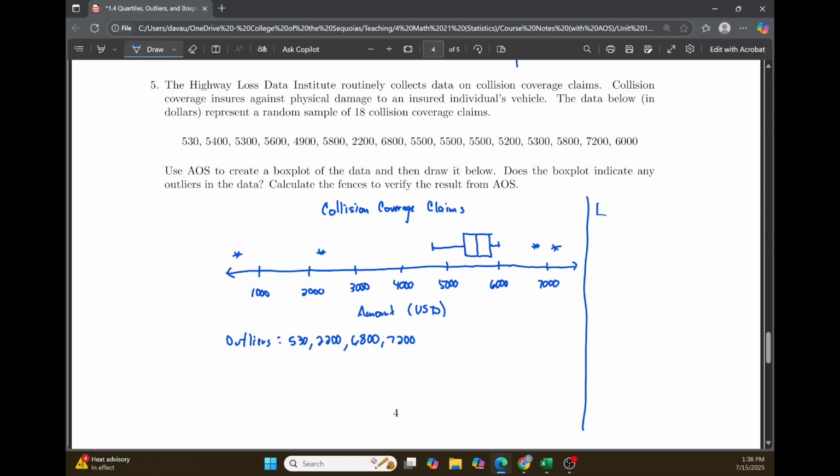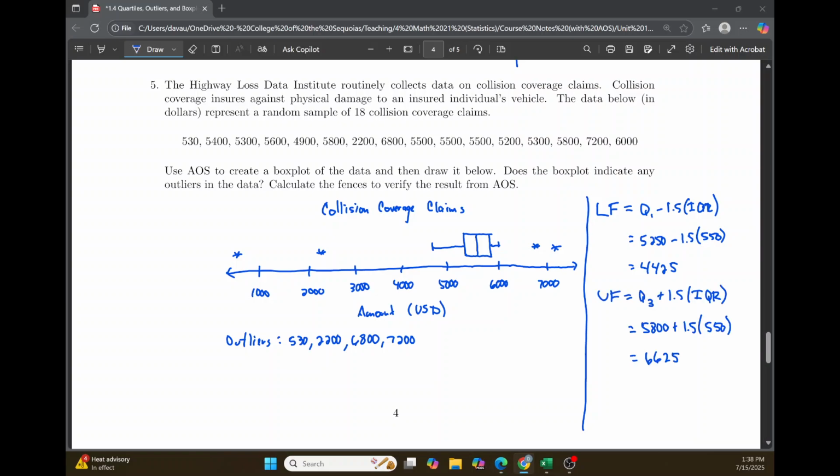And let's see what we get, right? Lower fence. Okay, so for the lower fence, you should get 4425. And then for the upper fence, you should get 6625.